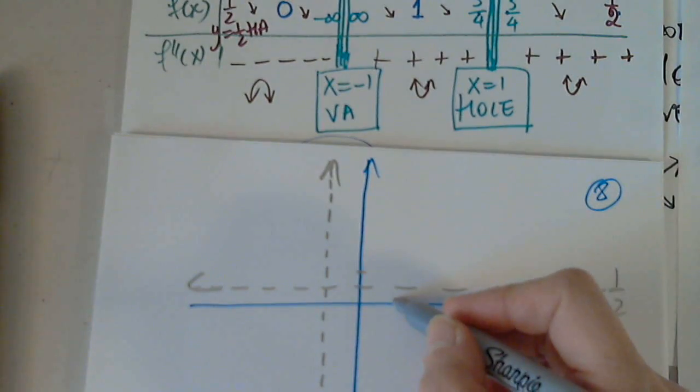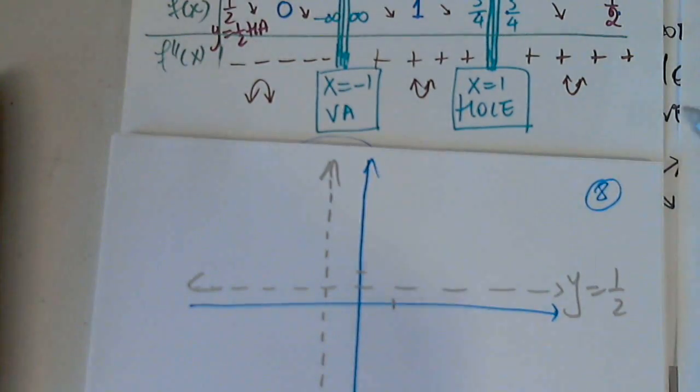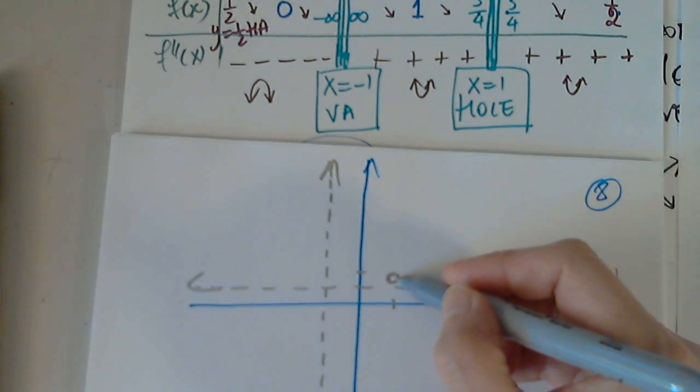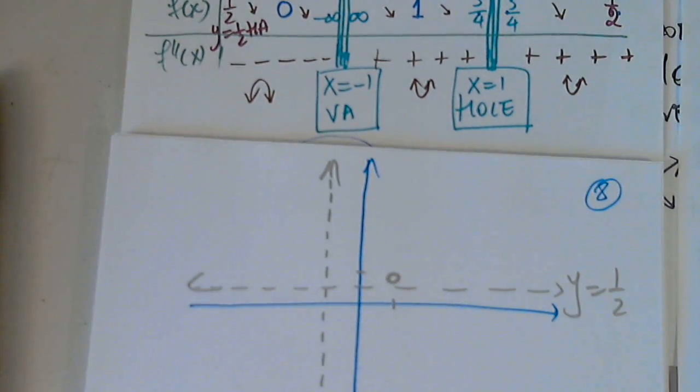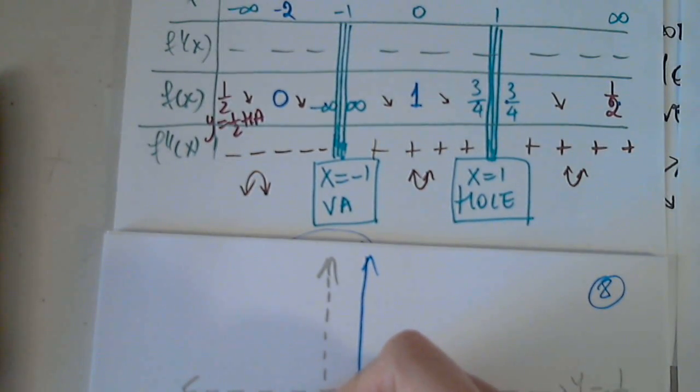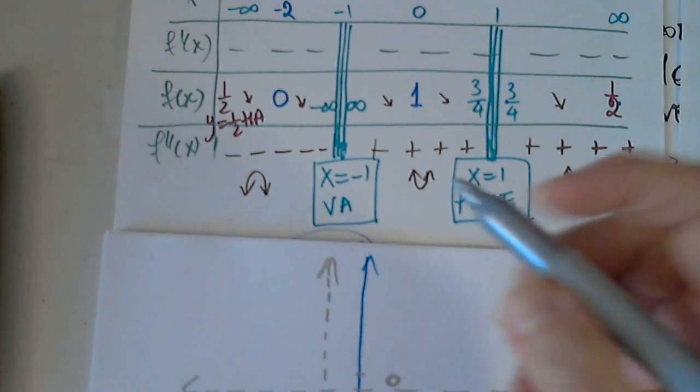And 1, comma, 3/4, a hole in the graph. Okay, opening down. Let me also put the -2 here, -2, 0, and 0, 1.